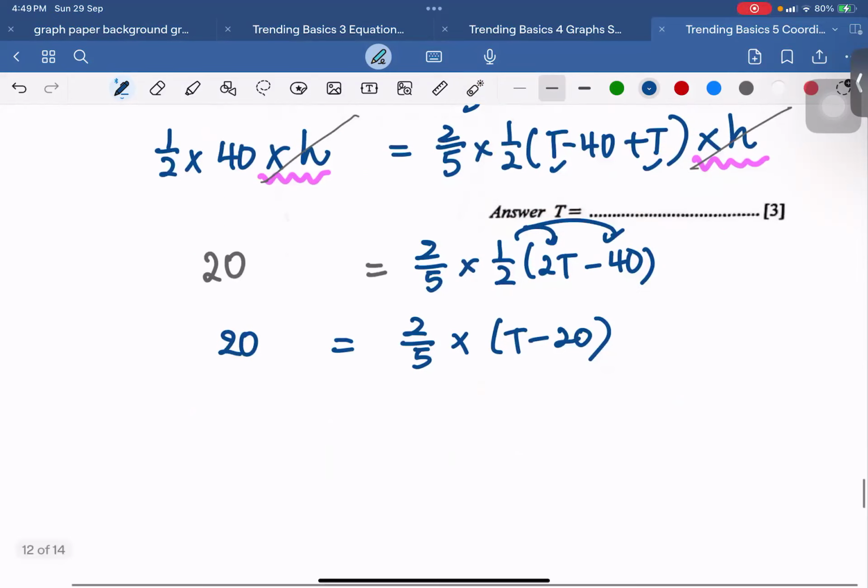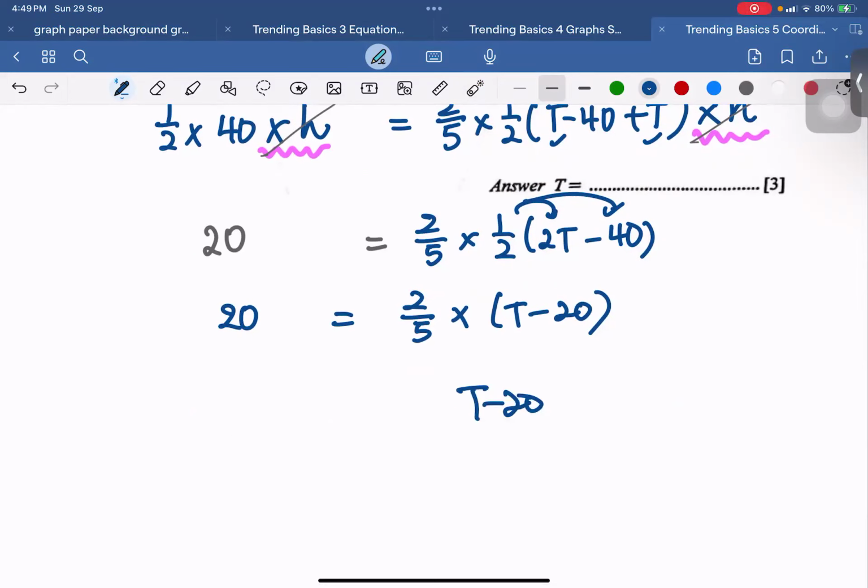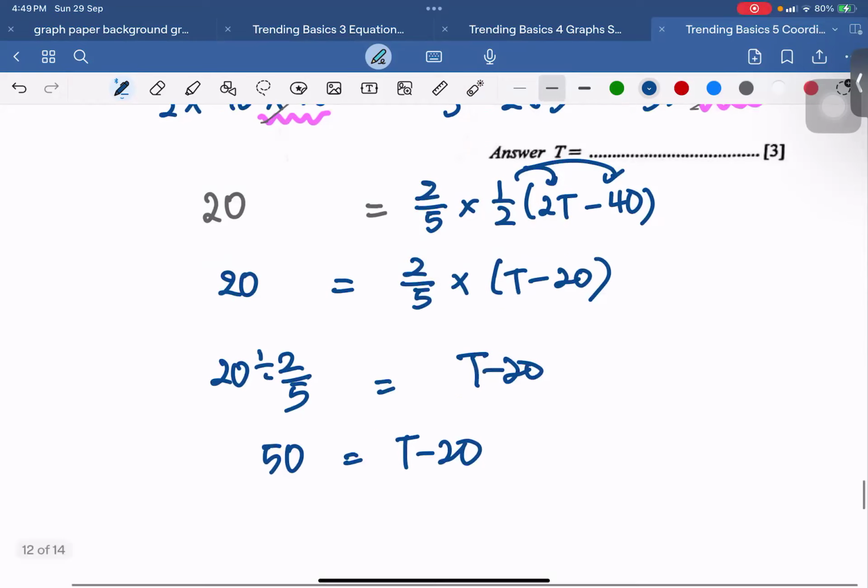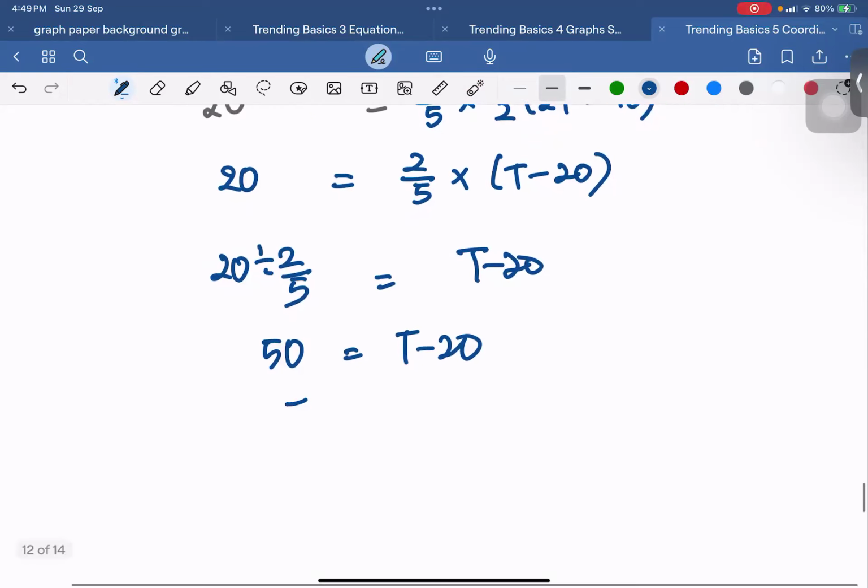Now I want to find t minus 20. Don't want the 2/5. Divide. 20 divided by 2, 10. 10 times 5, 50. What number minus 20 gives you 50? Bring over: 50 plus 20, 70. Answer: t is 70.